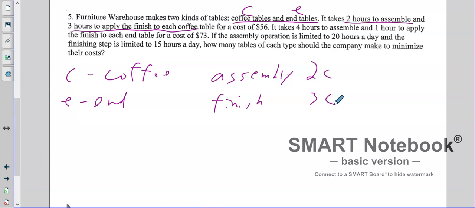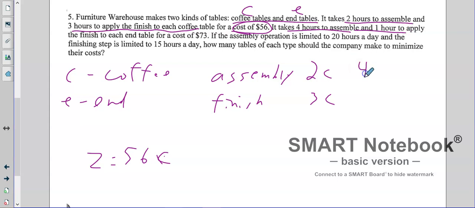And then it says for a cost of $56. Cost. That's going to be in my Z formula. And then it says it takes 4 hours to assemble and 1 hour to apply for an end table.